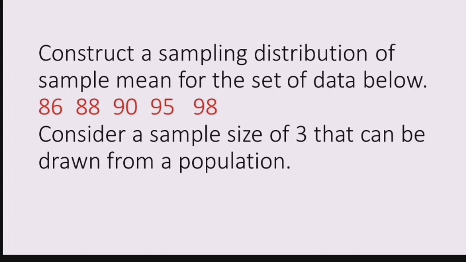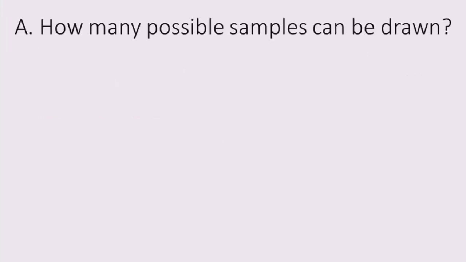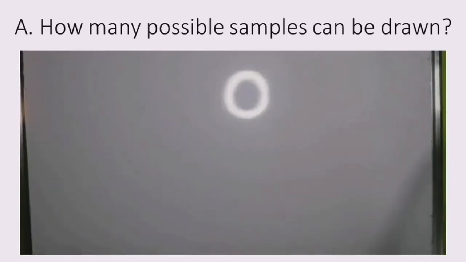1. Another example: construct a sampling distribution of the sample mean for the set of data below. Consider a sample size of 3 that can be drawn from a population. Letter A, how many possible samples can be drawn?